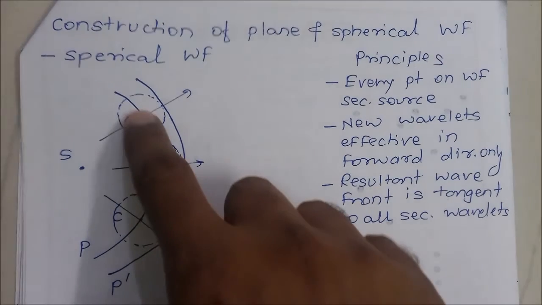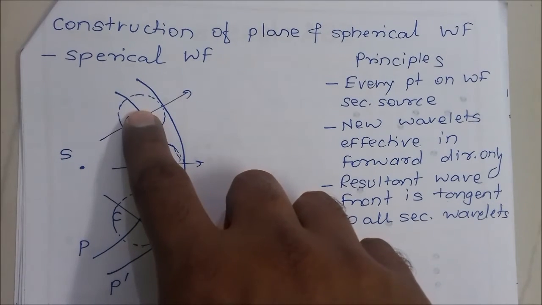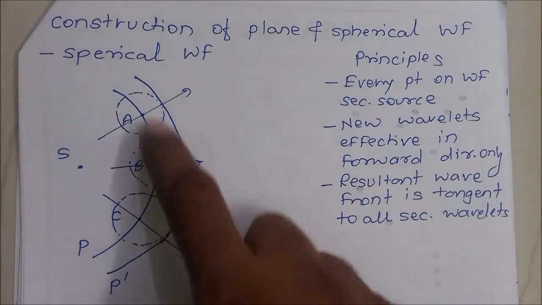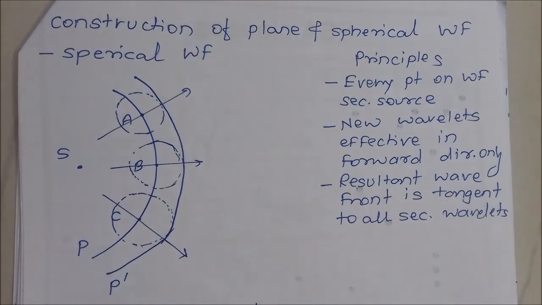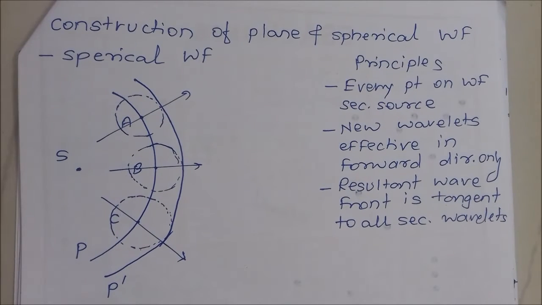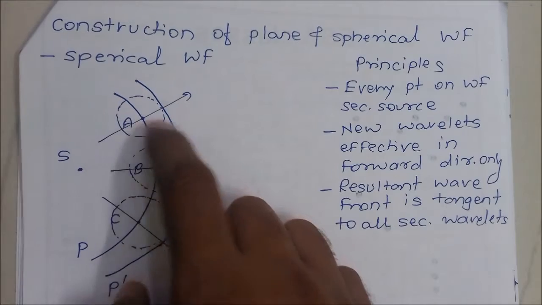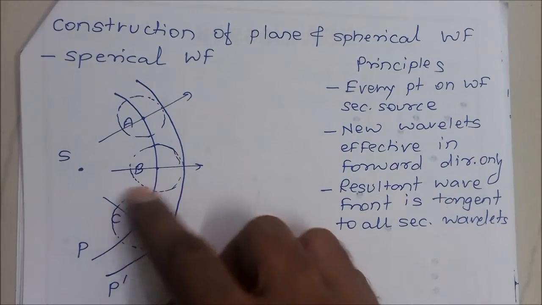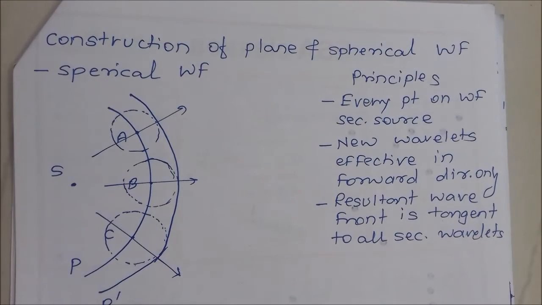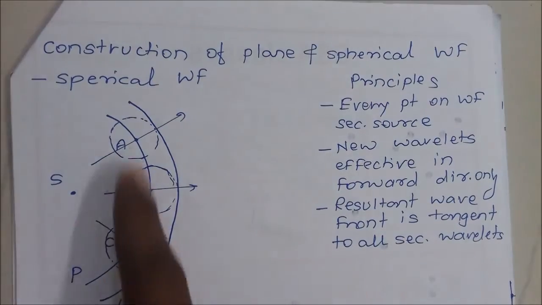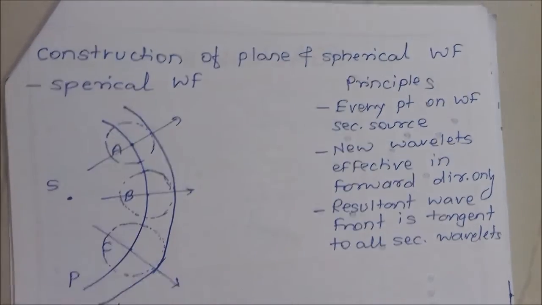Each point acts as a secondary source. We have considered only 3 points. These points start emitting new waves in all directions. These spheres are new wavefronts, and new wavefronts are only effective in the forward direction. In the backward direction they are not effective.